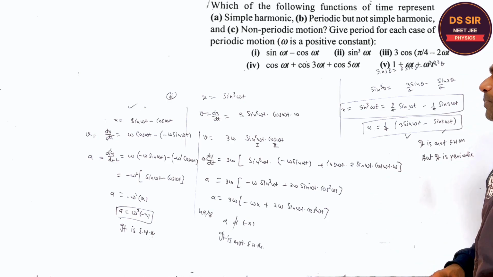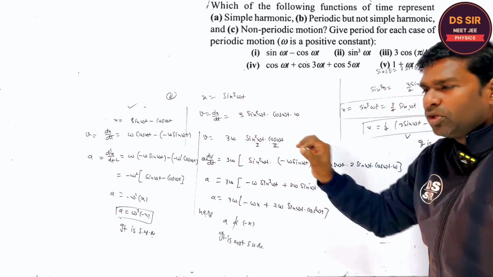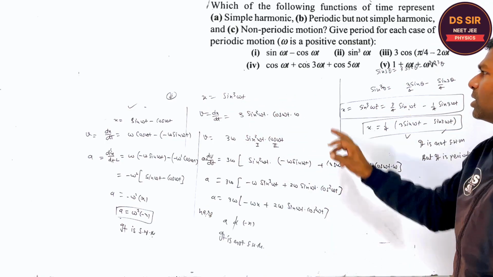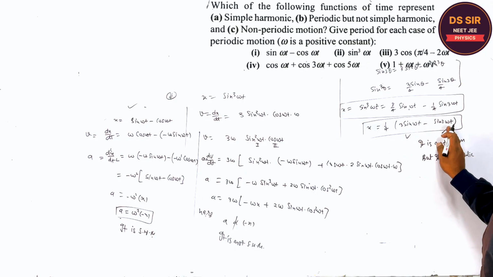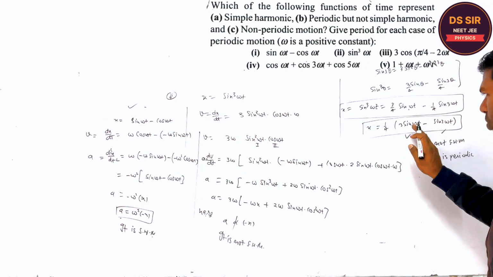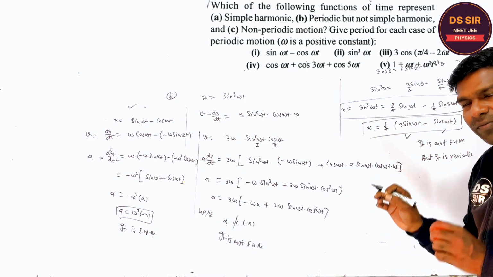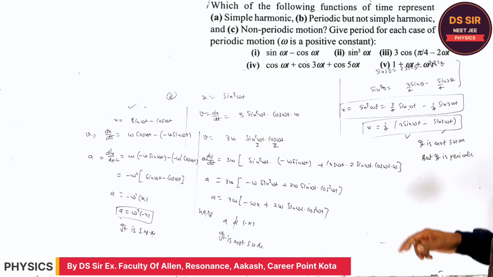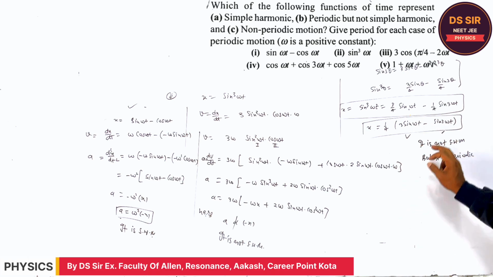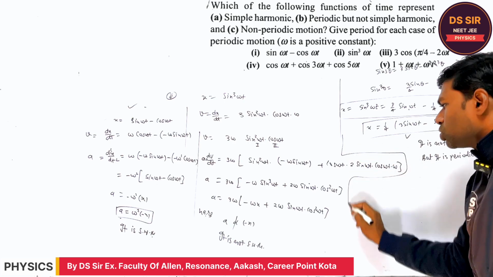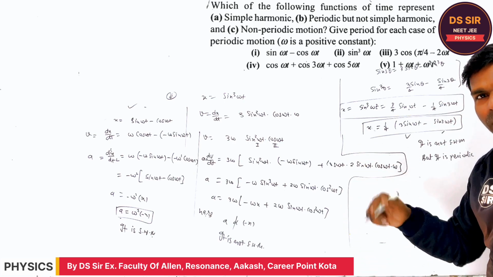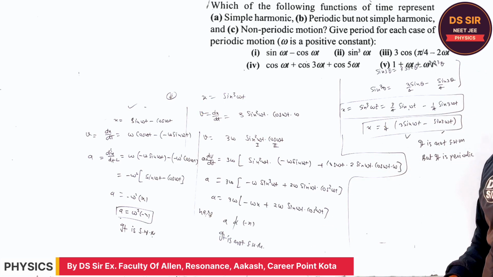Again, I am repeating: for sin cube omega t especially, this identity is used and it is written in this way. Now if you add sinusoidal terms of different frequency, this is not SHM, but it is periodic. So it is not necessary that a periodic function must be SHM. Are you getting or not?